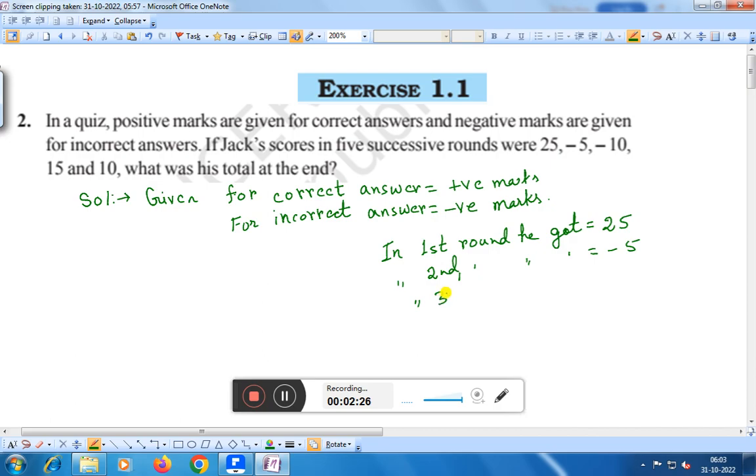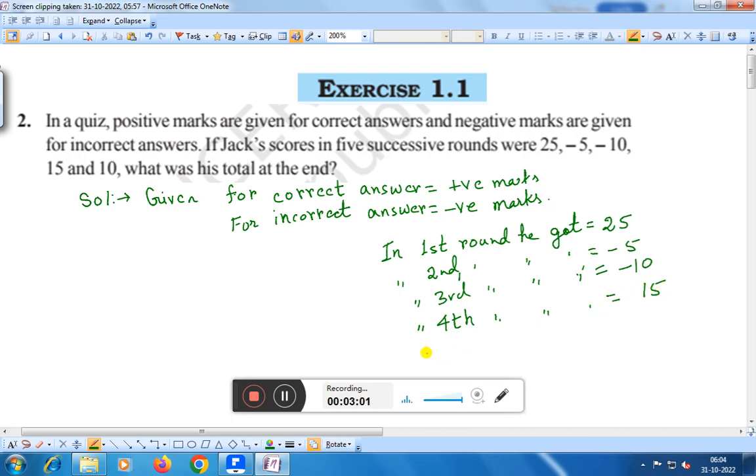In the third round, he got minus 10. In the fourth round, he got 15.